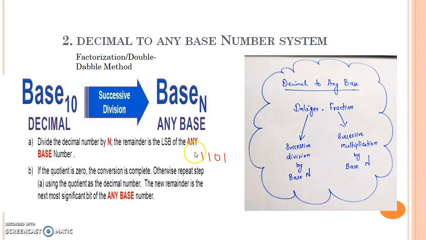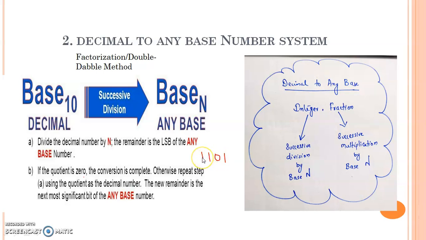What is LSB? Suppose I write a binary number, let's say 1101, then the bit which has the least weight associated with it is called the least significant bit. This bit has the least power or least weight because it is of the weight 2 raised to 0. And the bit which has the highest weight associated with it is called the most significant bit.